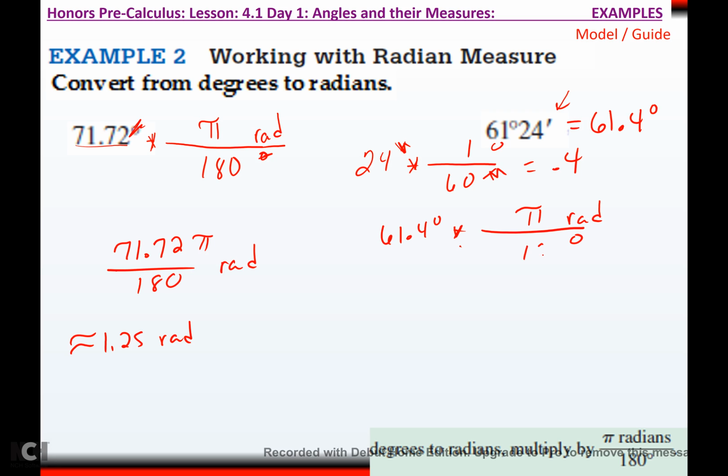There are pi radians in 180 degrees. So what I end up with is 61.4 pi over 180 radians. And if I simplify that, 61.4 times pi, divided by 180, and you get approximately 4.26 radians.